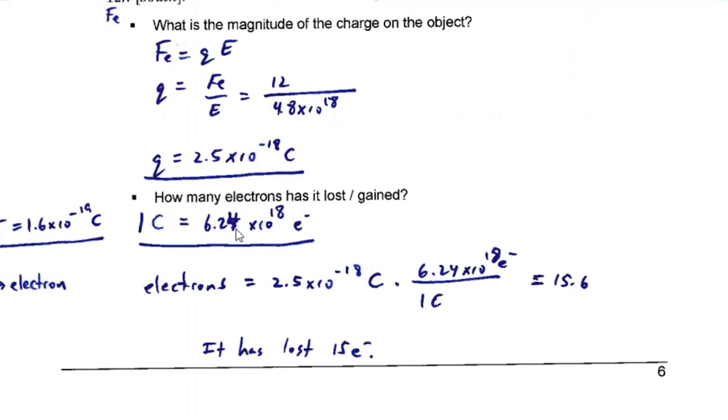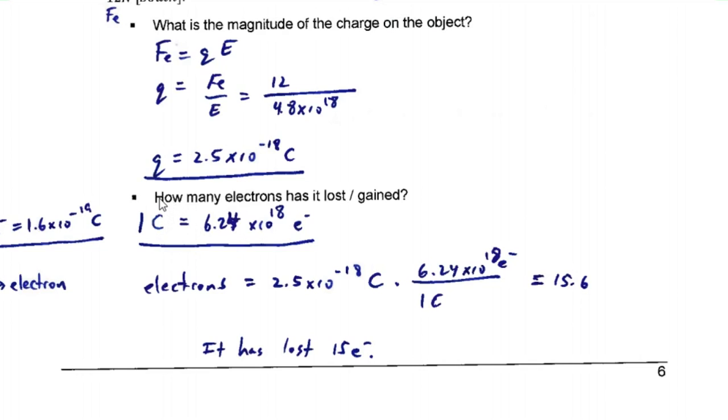The way that 6.25 was written down there is by just taking the inverse of this value here. Because this value is rounded by a little bit, it ended up having a value off by 1/100th. So not a big deal, but on your cheat sheet, you can change the 6.25 to 6.24 times 10 to the 18 electrons in every coulomb. So there's a lot of electrons in every single coulomb.